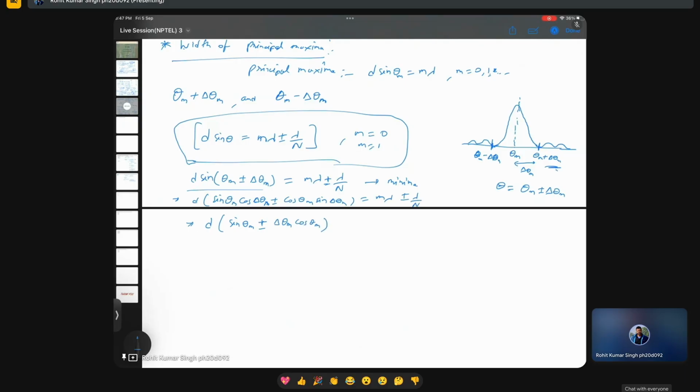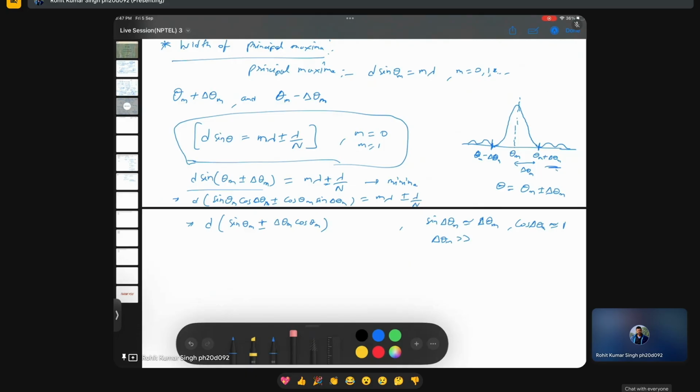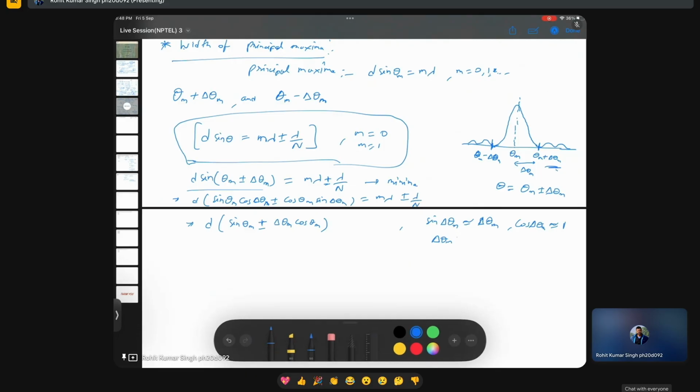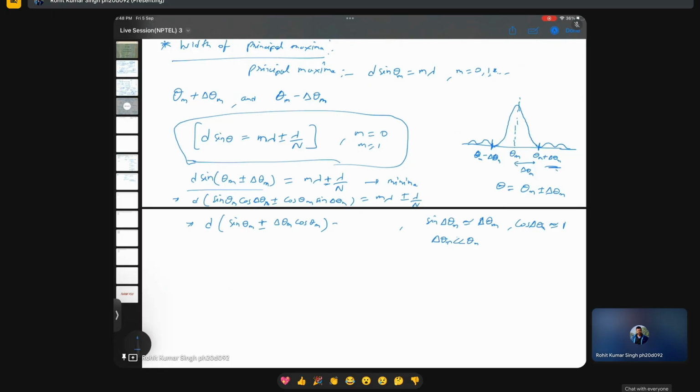Is this fine? So what we have done is we have used this approximation, and cos Δθm is equal to 1, because Δθm is smaller than θm. And here you have mλ ± λ/n.